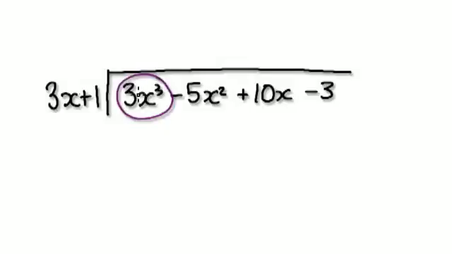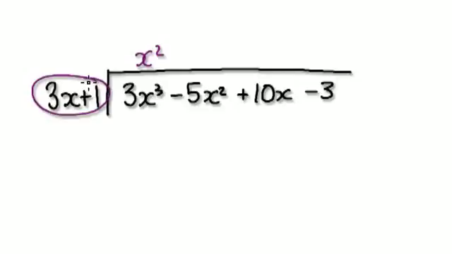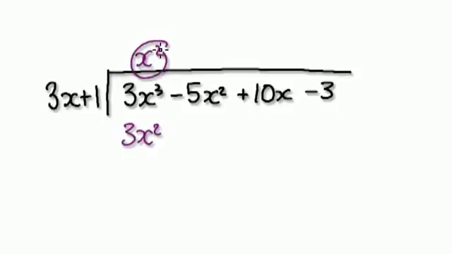So this divided by this without going over would be x squared. Now we would get this times this here, so this times this would be 3x cubed, and then this times the 1 would be plus 1x squared.